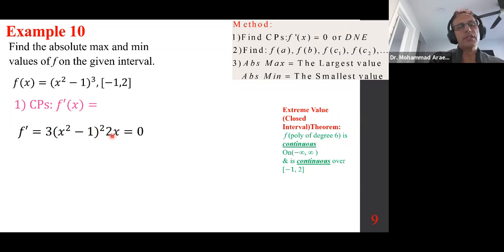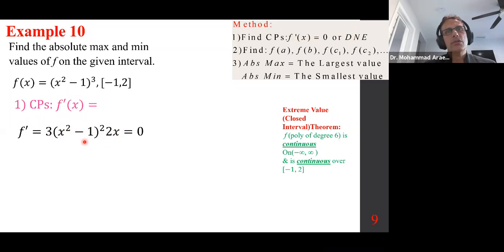F prime itself is a polynomial. By the way, what is the degree of that? 2 times 2, 4, and this has a degree 1, total of 5, degree 5. So it goes down by 1 when you compare it to this one, which means it exists everywhere. We don't have to worry about this part. We set it equal to 0.